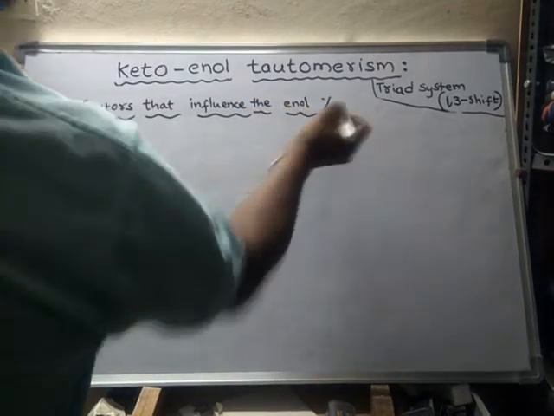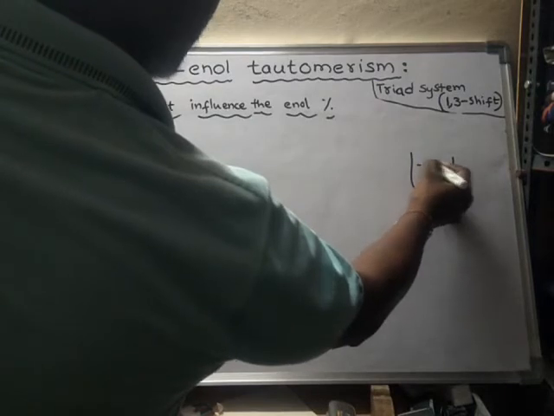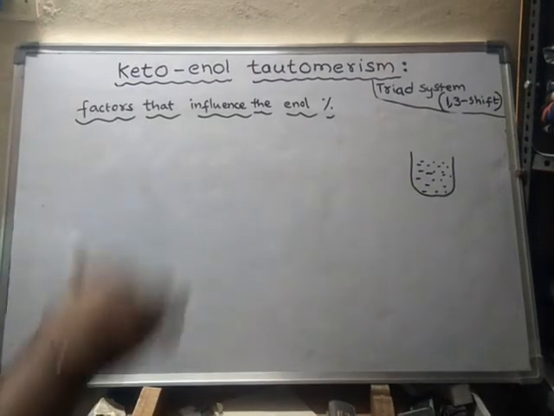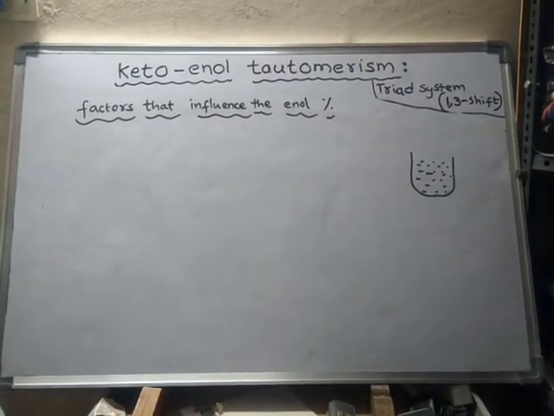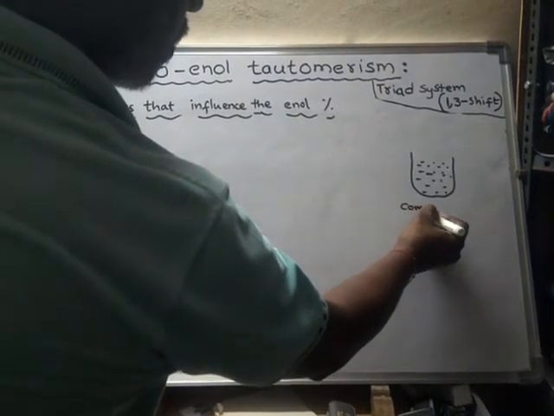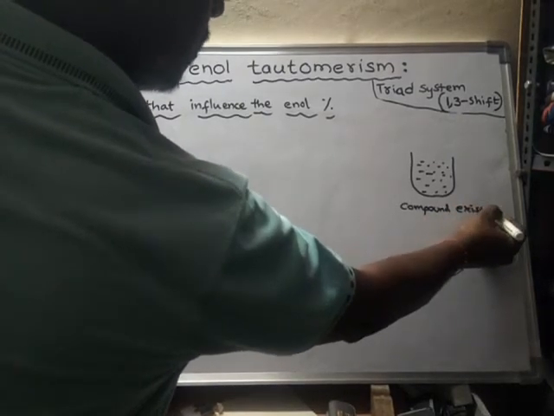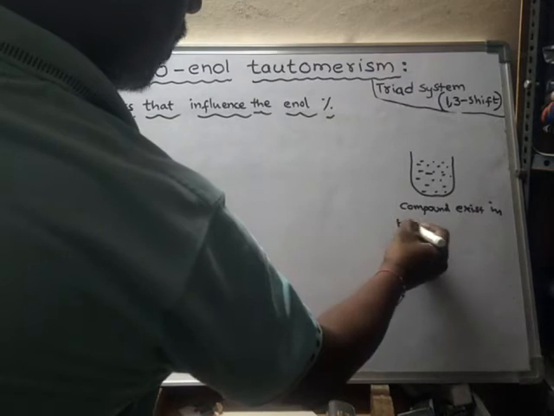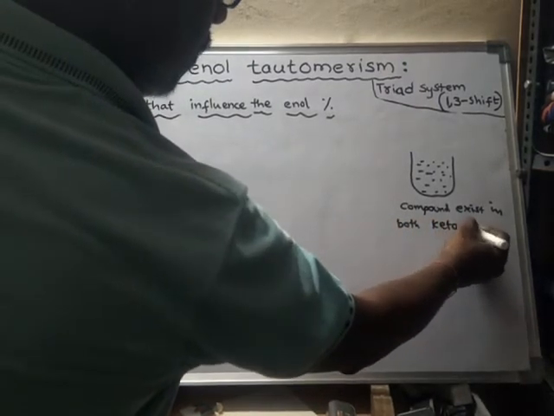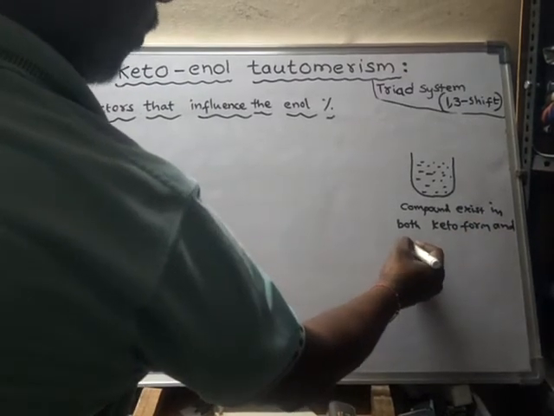See, already we know that suppose this is a substance I have taken. In this substance, both the keto form and the enol form of the compound are present.